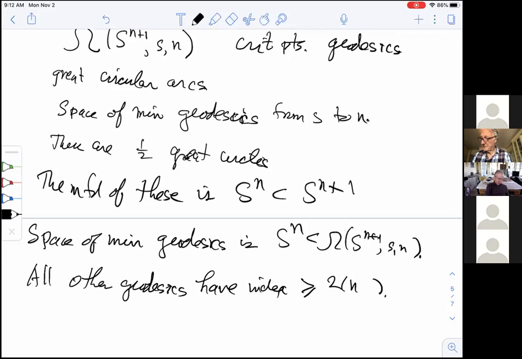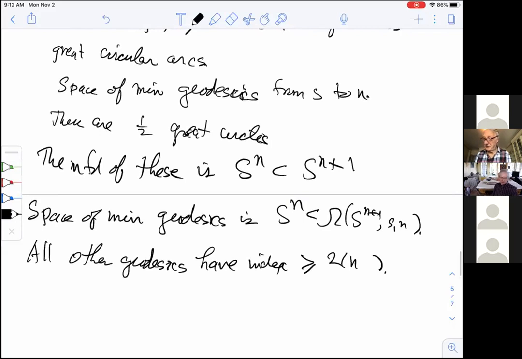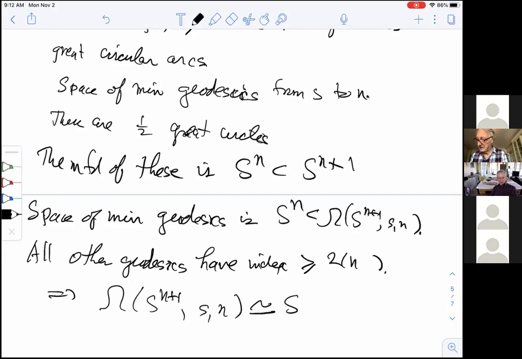Okay. I'll say a word about that in just a second, but that implies that the loop space of Sn plus 1, from South Pole to North Pole, is homotopy equivalent to the space of minimal geodesics union cells of dimension greater than or equal to n. Okay.